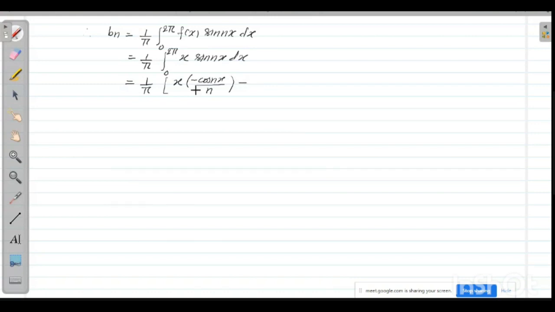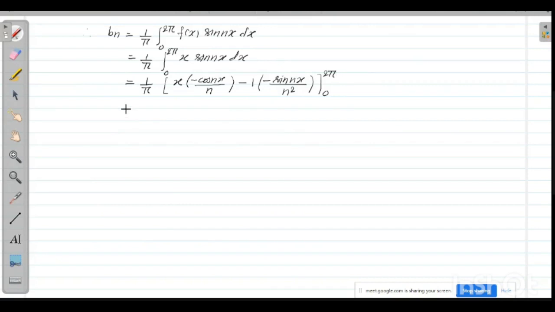And minus derivative of x is 1, and integration of cos nx by n. So integration of cos is sin, that is minus sin nx, and divide by their coefficient n, but n is already here, so n into n is n square. Now close the bracket and providing limit 0 to 2 pi.